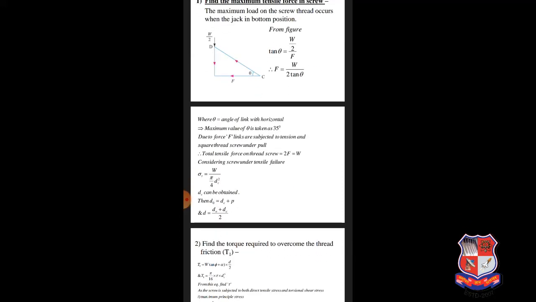The maximum tensile force in the screw will be given by F equals W by 2 tan theta, looking from the geometry of the diagram. Theta is taken as 35 degree. Total tensile force will be 2F, which equals W, considering the screw under tensile failure. So using the formula sigma t equals W by pi by 4 dc square, we will get dc. From dc we will get d.